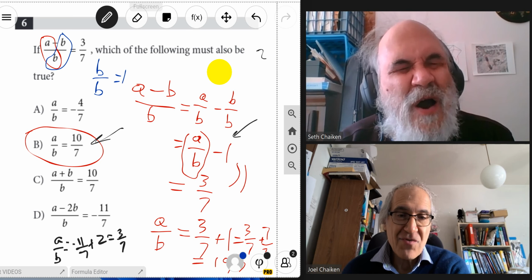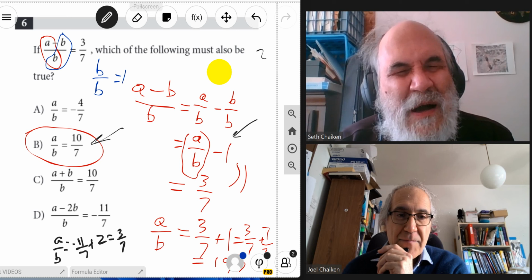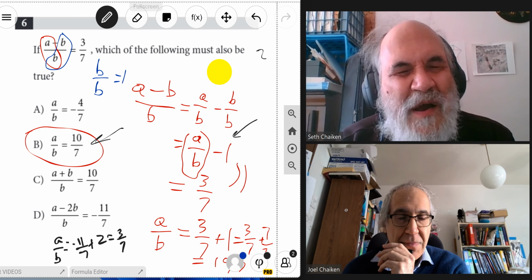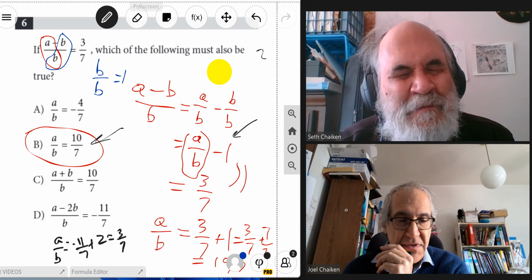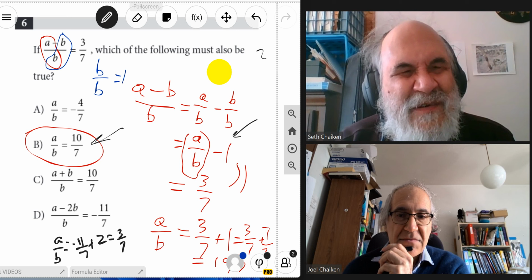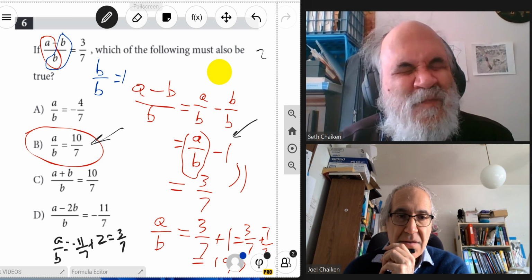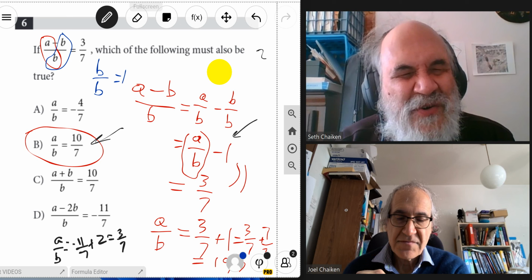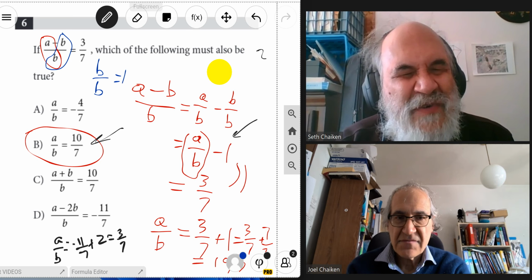No. I hold the assumption that the SAT choices are fair, that one and only one is correct. So you might as well try the first two. The first two are statements about what the ratio of A and B is.